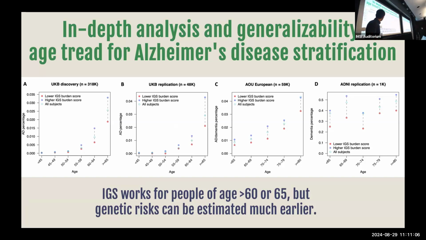For Alzheimer's disease, it turns out maybe at age 60 or 65, which totally makes sense, because that is the age when people get Alzheimer's disease. But remember, this is a genetic predicted risk, which means you can get this risk prediction much earlier in your life. So if you do something right before age 60, you might get a chance to reduce the risk. That's the point here.